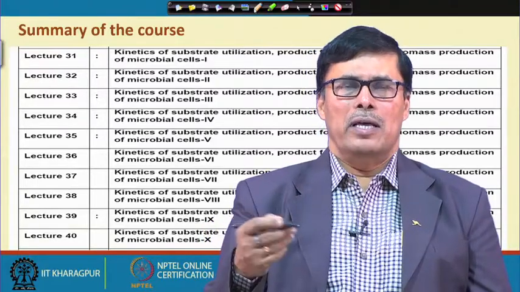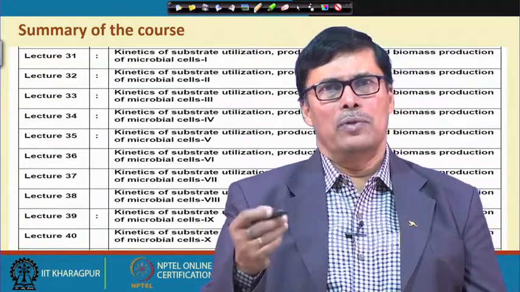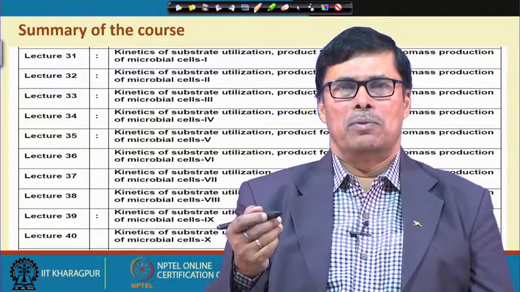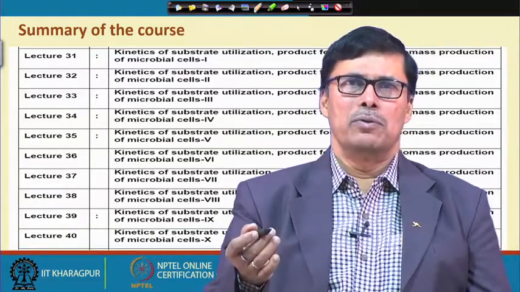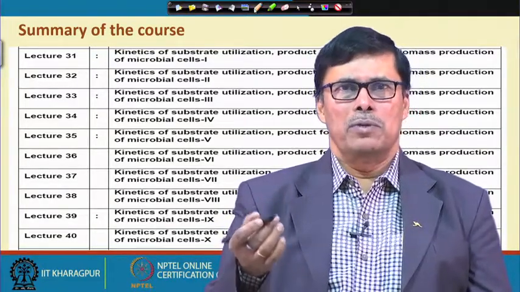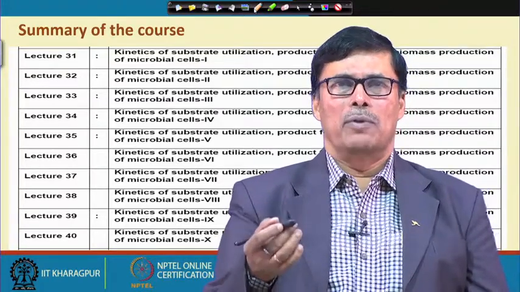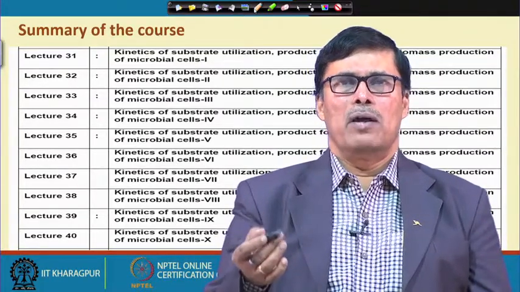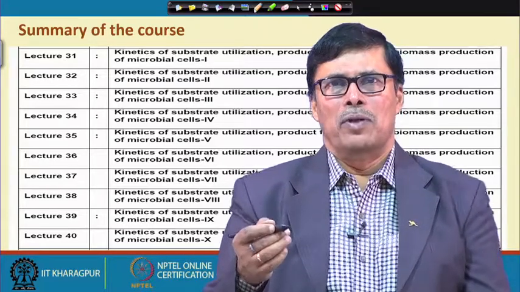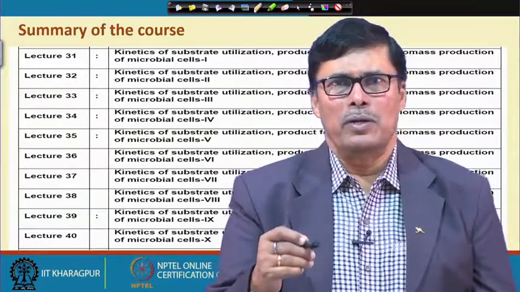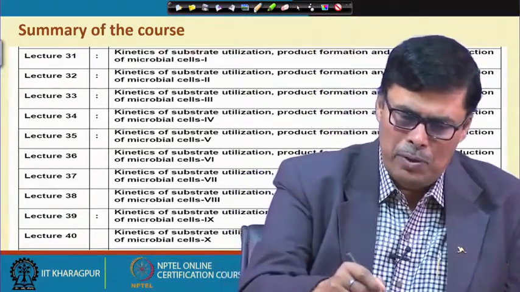And then there are other equations for the inhibition of the cells. Here we also discussed competitive inhibition and non-competitive inhibition of the process, which may also occur in the microbial system. So all these things we tried to incorporate in these particular lectures.